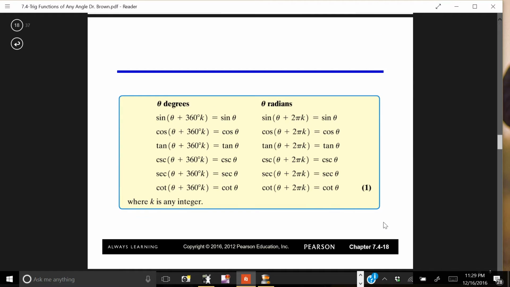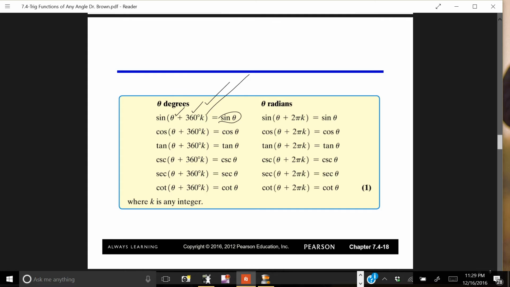And this is just illustrating something I think you've already figured out. If you take any of the angles in degrees, the sine of that angle plus 360 times any integer k is going to be equal to sine of theta.